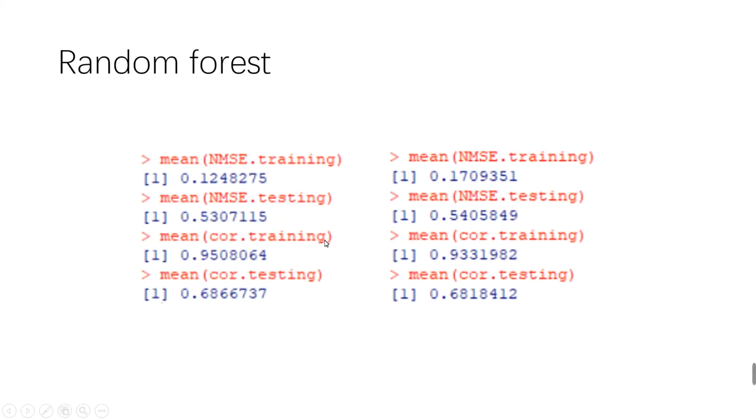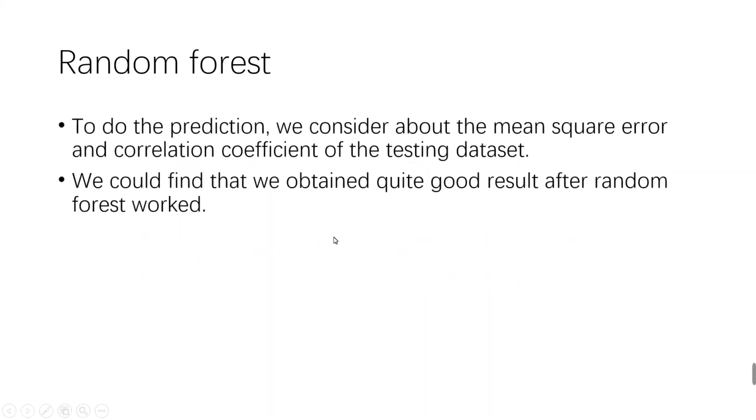And then the result is quite good. To do the prediction, we consider the mean square error and correlation coefficient of the testing data set. We could find that we obtained quite good results after the random forest worked.